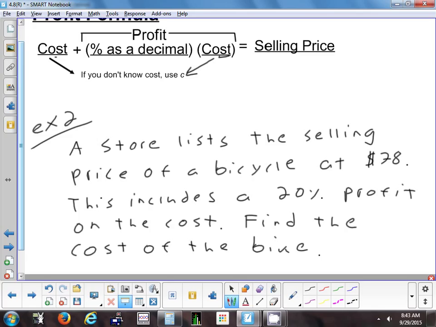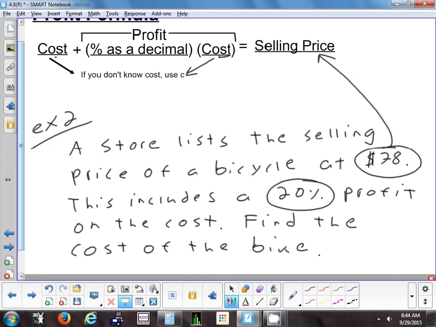Okay, let's start with that $78. Ben, what is that going to be in the formula? That's going to be the selling price. Yep, the store lists the selling price at $78. Okay, this time they're giving us the number on the other side of the equal sign. That's okay. We're just switching around what they're giving us. 20%.